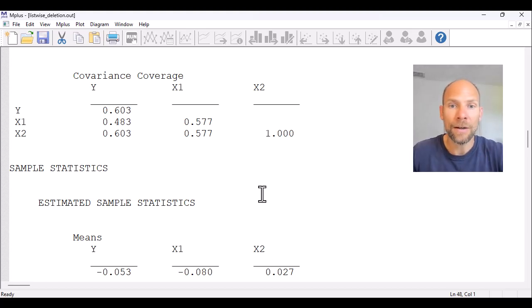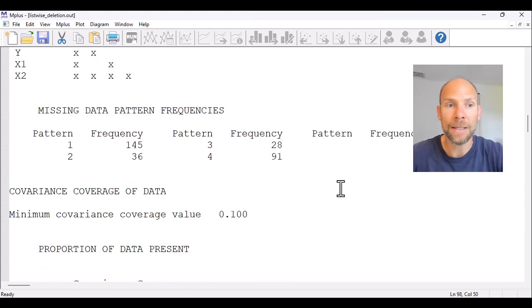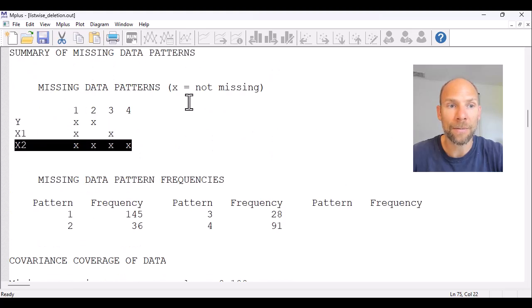You can see that for the covariance of X2 with itself, which is equal to the variance, we have 100% of cases. That variance could be calculated based on all cases, because there was not one pattern where we had missing data on X2.